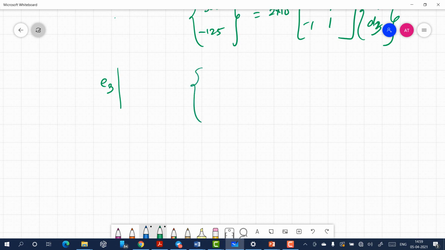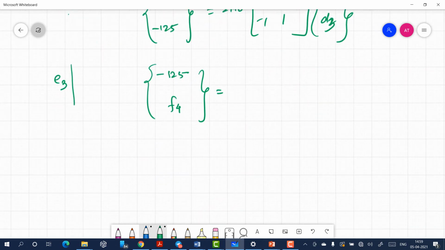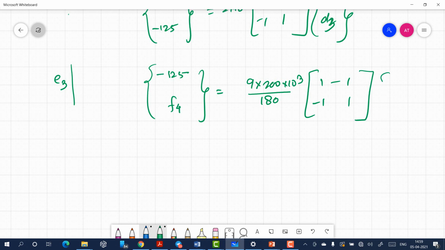So element number 3, I will have f3 and f4, and f3 is minus 125 and f4 I do not know what it is. So f4 is an unknown. My value of area is 9 millimeters squared, my elastic modulus is 200 gigapascal, and the length is 180. So AE by L is 10 to the power 3, and then [1 -1; -1 1], and then I have D3 and D4.